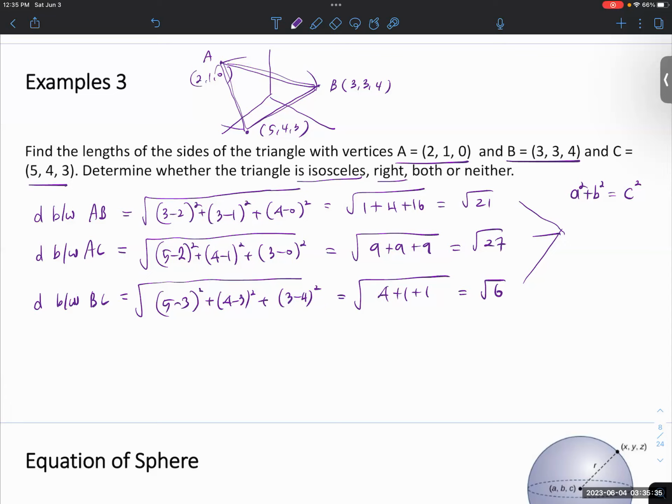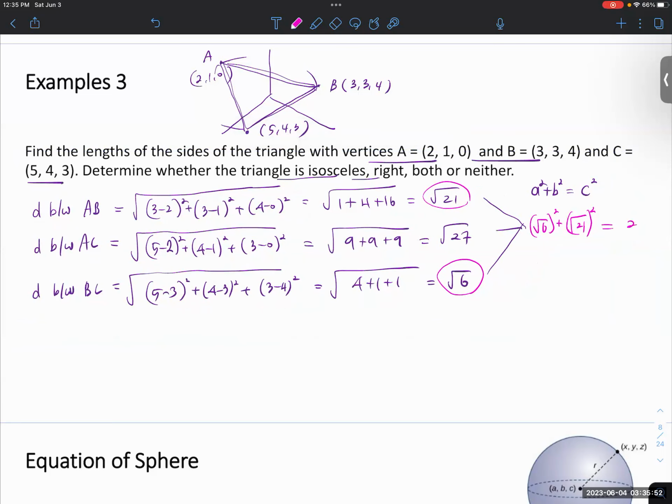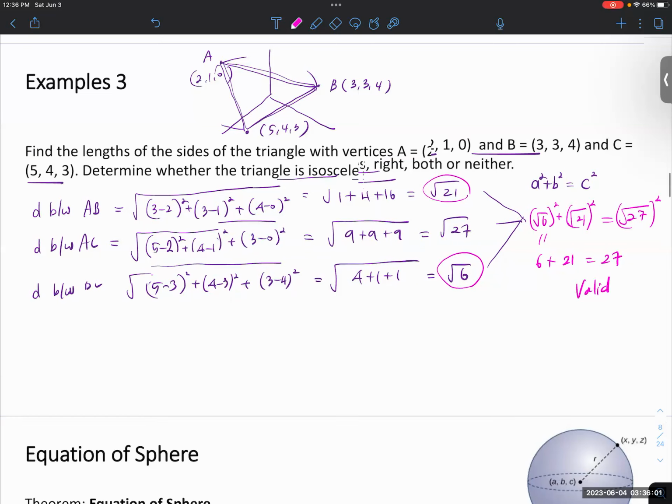So I feel like it's going to work if I do radical 6 squared plus radical 21 squared. If I'm adding those two after squaring, what do you guys think? It is going to be equal to radical 27 squared. Yes, 6 plus 21, exactly, it's valid. So we just proved that.